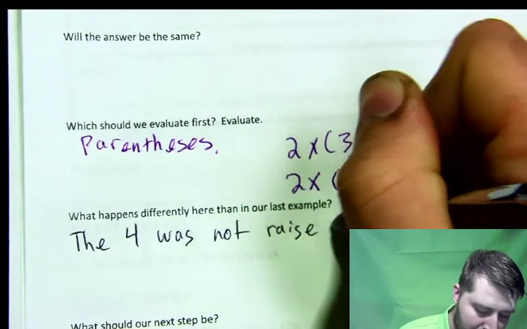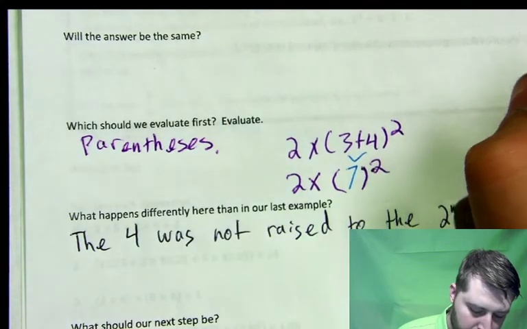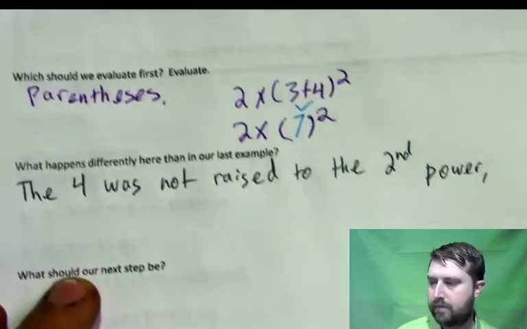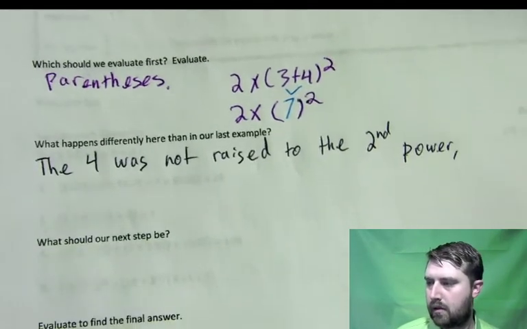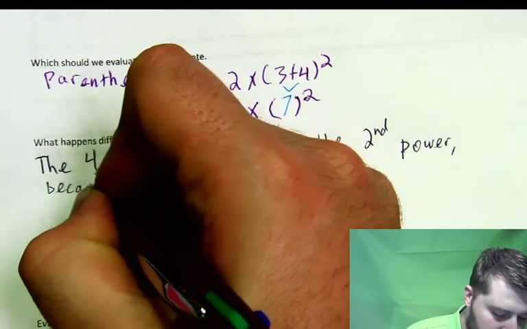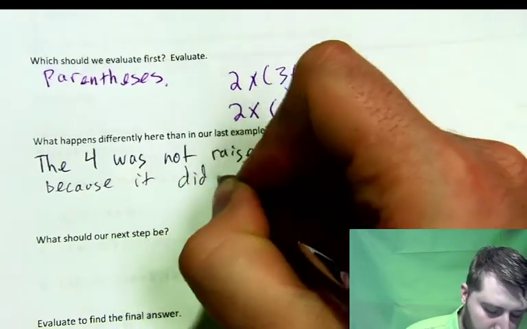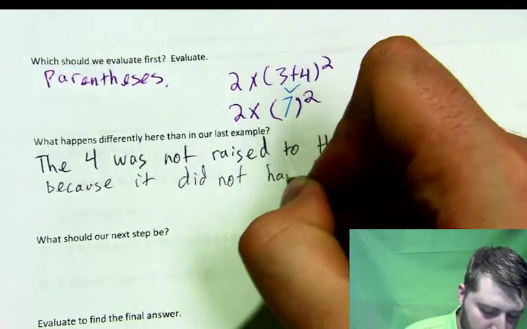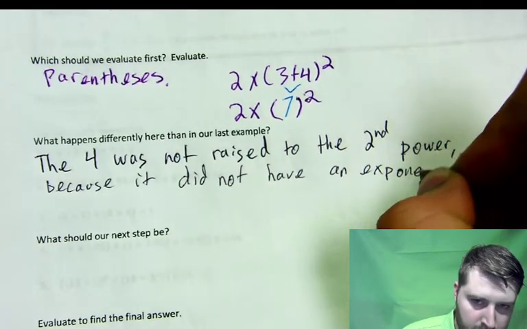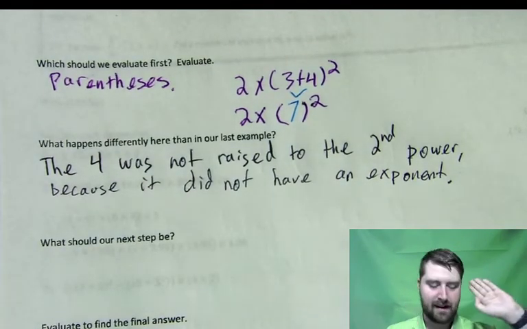We did not multiply it by itself. Because it did not have an exponent. So we had to do what was in the parentheses. The exponent was outside of the parentheses.